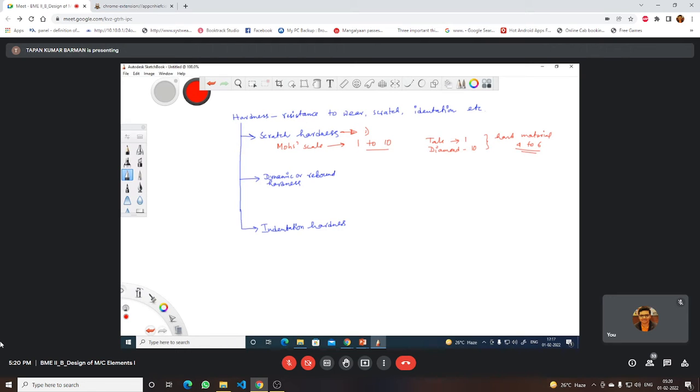There is one term you may see, the Shore scleroscope. It measures the hardness in terms of rebound of the indenter. That is called dynamic or rebound hardness.